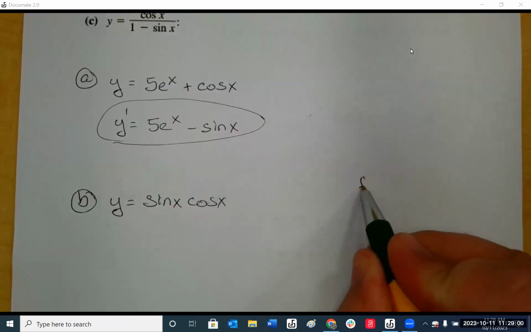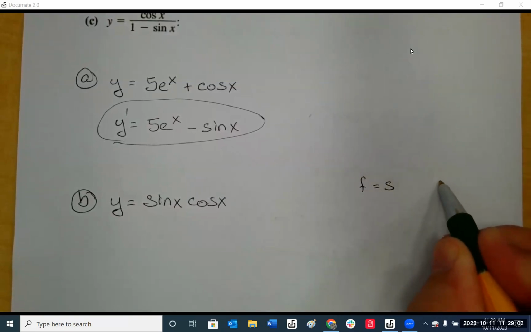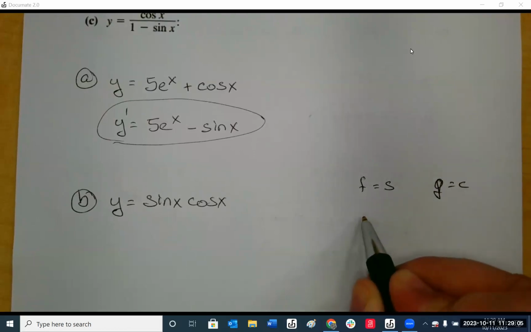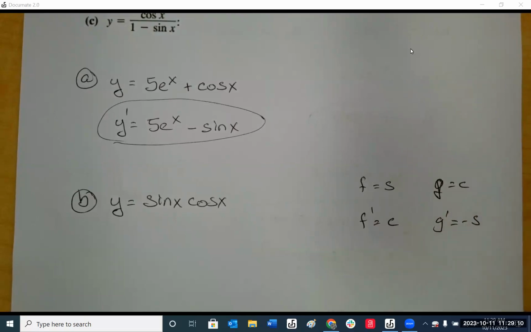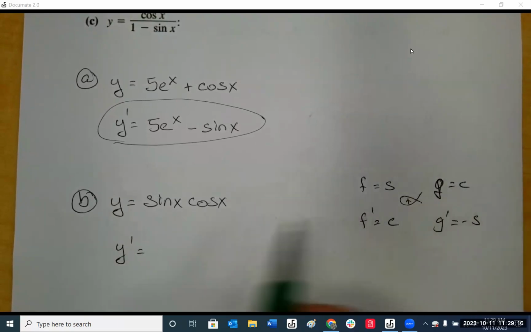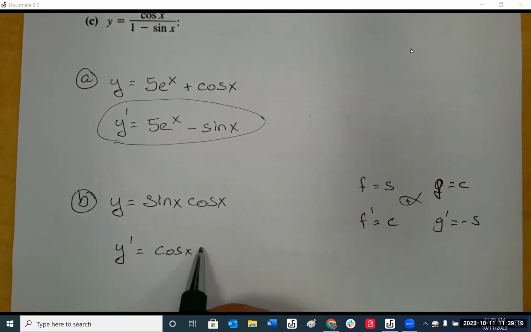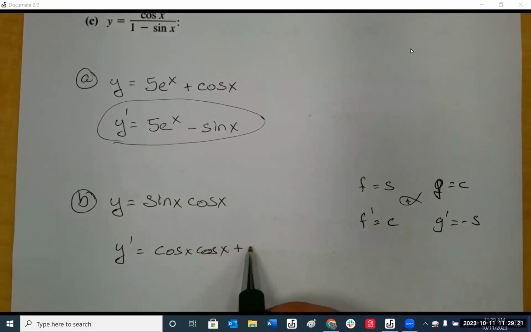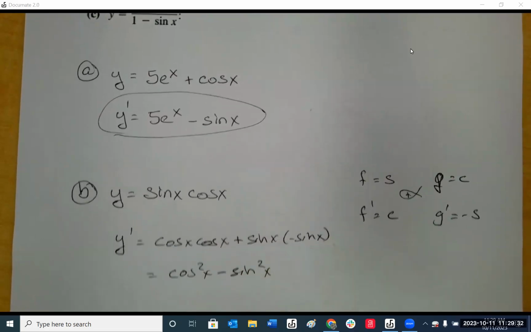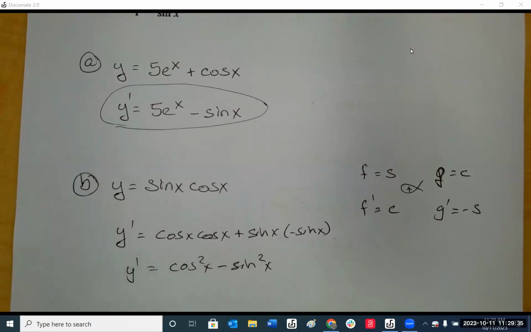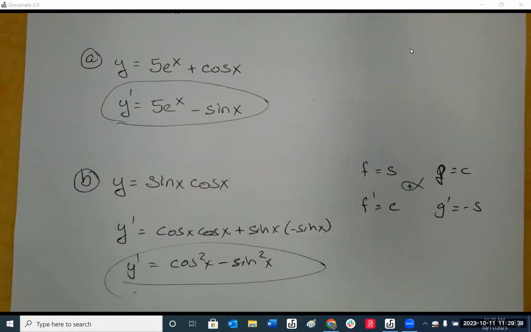And here we have the product. So we have sine, this is cosine. Derivative of sine is cosine. The derivative of cosine is negative sine. Cosine times cosine, plus sine times negative sine. There you have it.